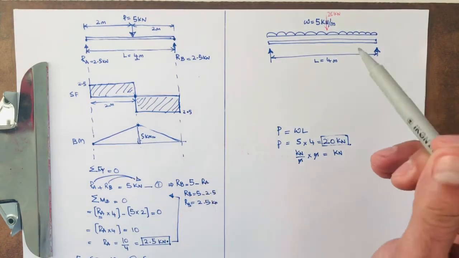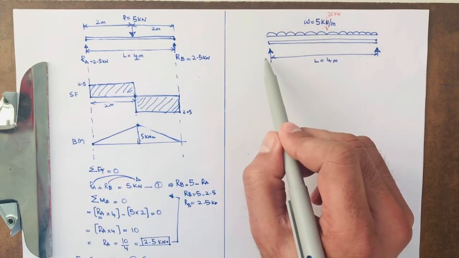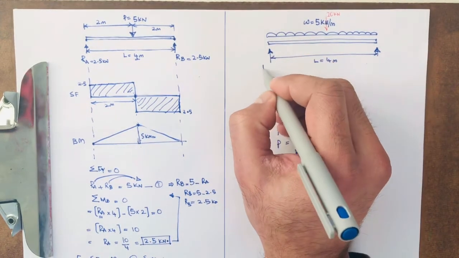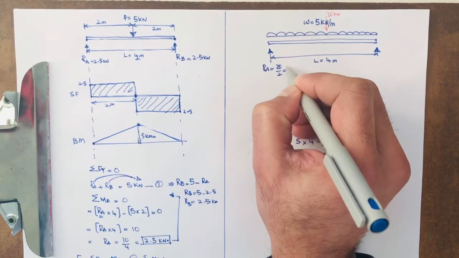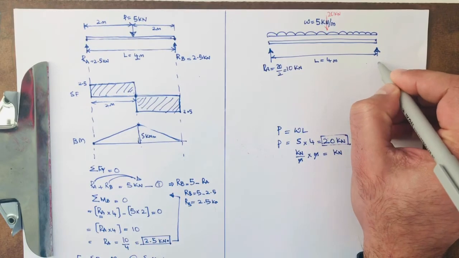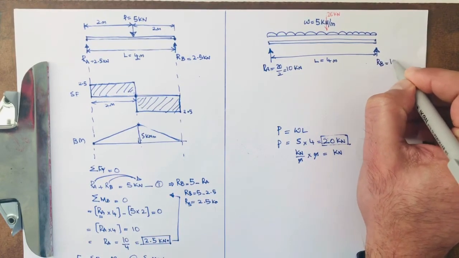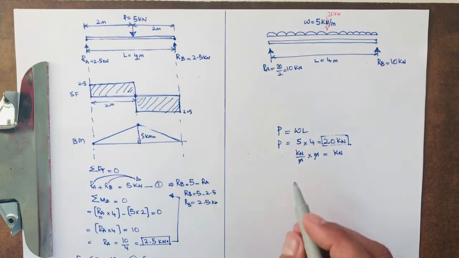And now imagine this is in the middle of the beam, so half of this will go to RA. So RA would be 20 divided by 2, which is 10 kilonewton, and similarly half will go to RB, 10 kilonewton. So simply you have figured out the reactions here, and now we're going to find the bending moment.